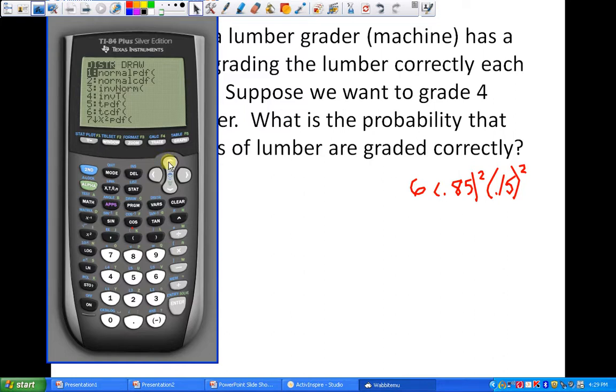So I'm going to go up because that'll get me to the very bottom. I'm going to go to option A, which is binomial PDF. Now, what binomial PDF does, I'll bring up a prompt here. It says, I have 4 trials. The probability of success on any trial is 0.85.